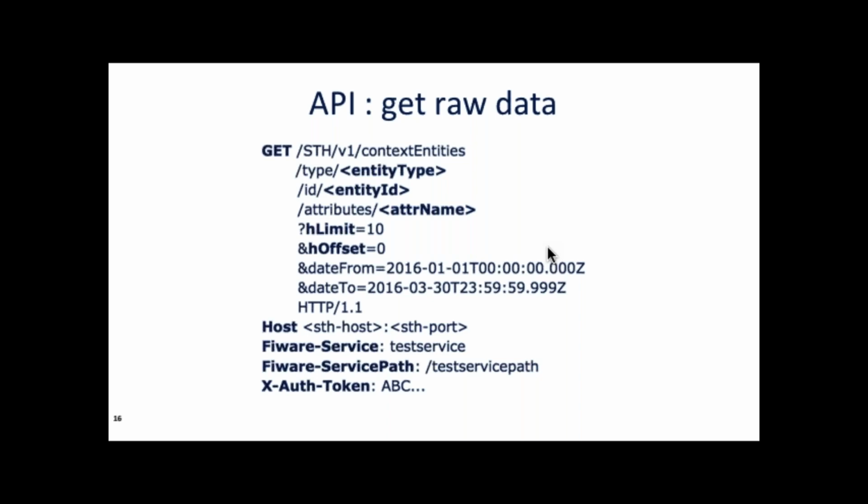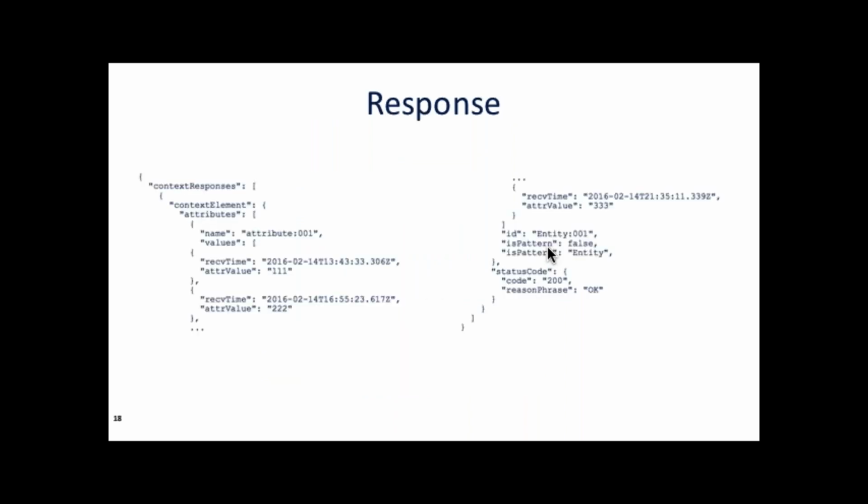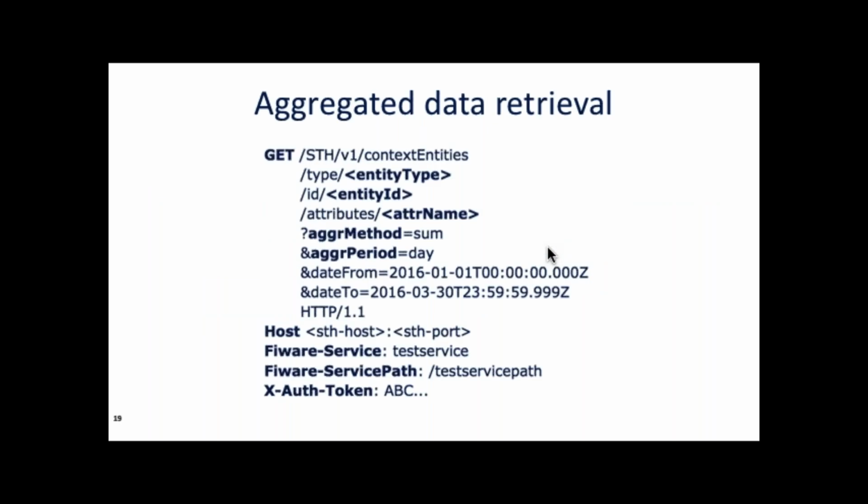Also, if you want to have everything secure, you need to add the security token. You can have pagination. If we are querying for a big amount of data, you need to do some kind of pagination. Here we have the different responses. So you have here the name and the attributes, and here you have the different values and the different responses.